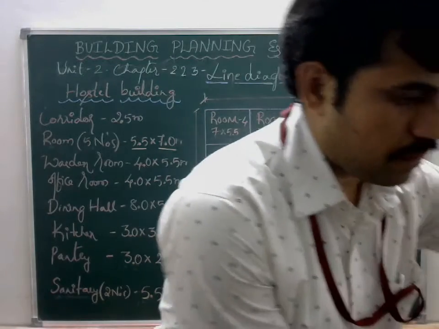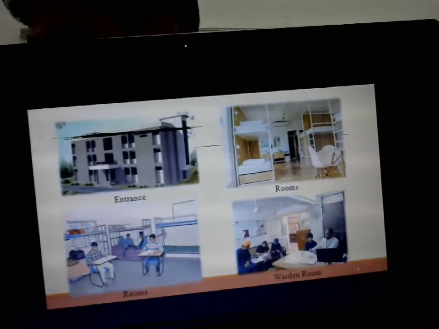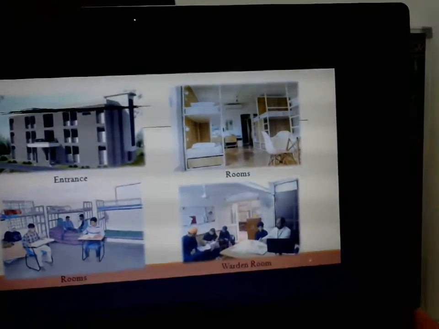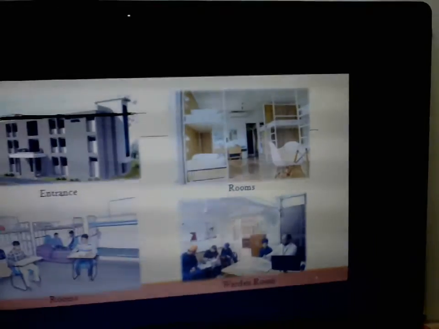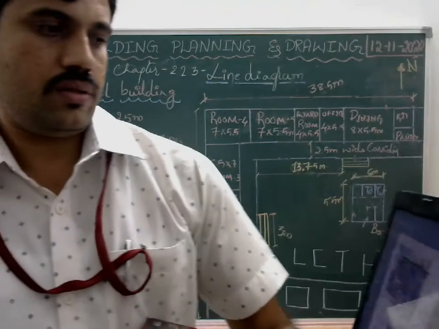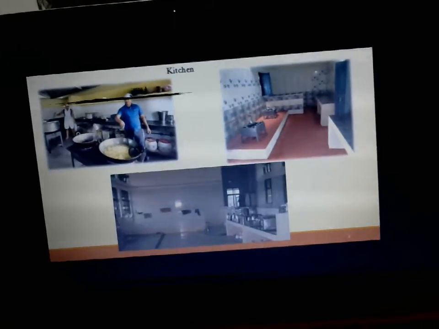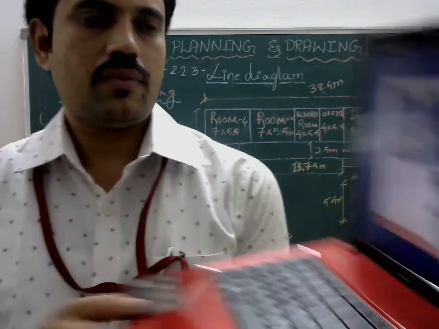Here I have prepared a slide or presentation. You can observe here the entrance part, and then the second one is a room, and the third one is also a room, and the fourth one is the warden room. And here you can observe the kitchen, and this is the dining hall.